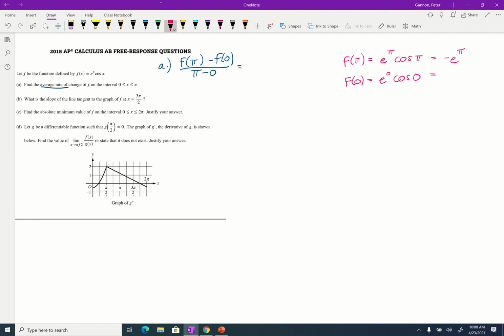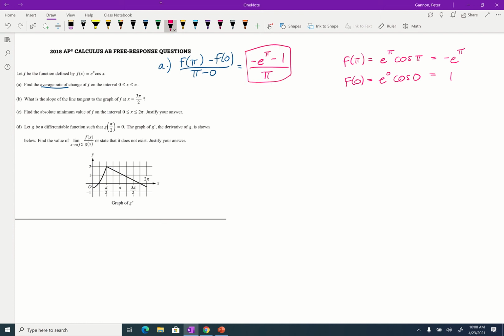Well, cosine of 0 is 1, e to the 0 is 1, so this is 1. So what we end up with is negative e to the pi minus 1 over pi. And that right there is the average rate of change on that interval.